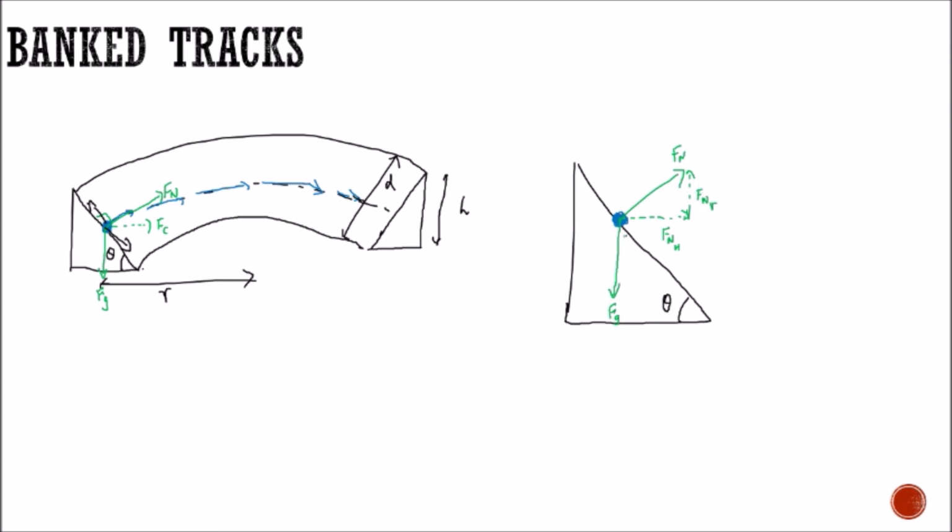Now these vectors unfortunately aren't to scale because I'm not Picasso, but let's have a look at the forces in play here. If this car is not accelerating up or down the slope, we can assume then that the normal force in the vertical direction and the gravitational force are equal.